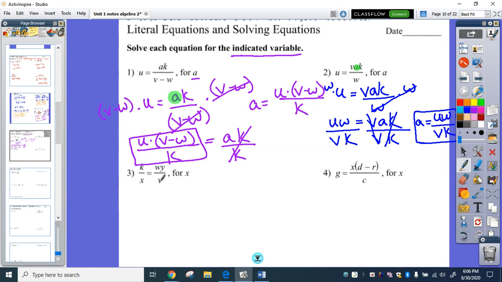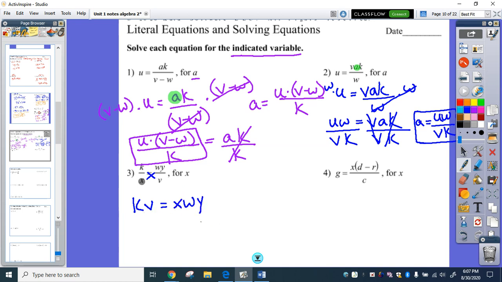Now in a problem like 3, I'm going to approach this a little bit differently because where we're trying to get to is I want to get this X down here all by itself. I'm actually going to make the suggestion that we cross multiply right through the middle. If I multiply going down this direction, K times V would just be KV. If I multiply going this direction, I would get XWY.